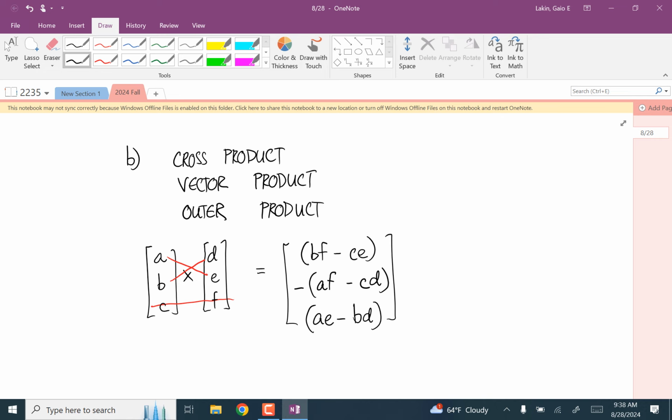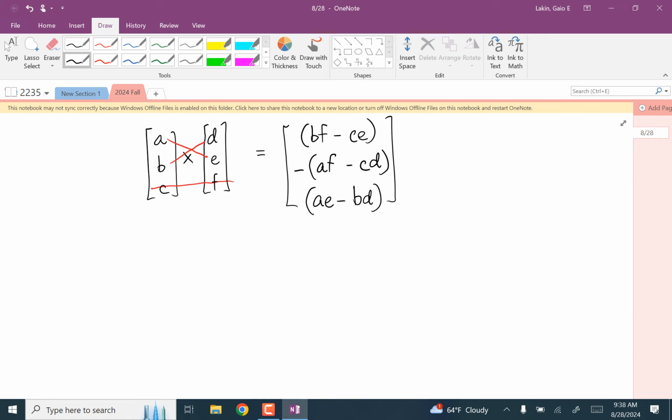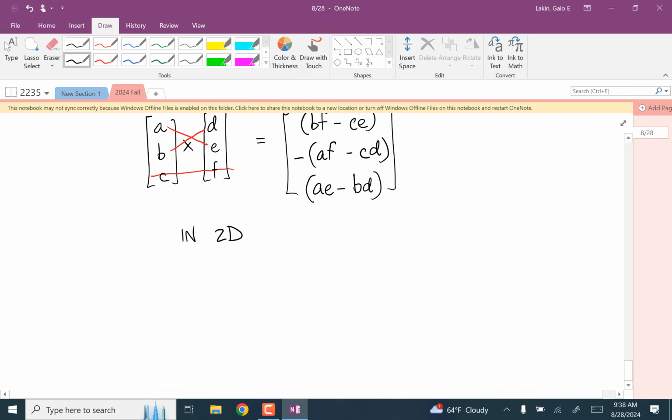In two-dimensional problems, it's not too bad because in 2D, you just have A, B, 0 crossed with D, E, 0. So what's the x component of this cross product? Cross out this. You got b times 0 minus e times 0. So that's 0. You see that?